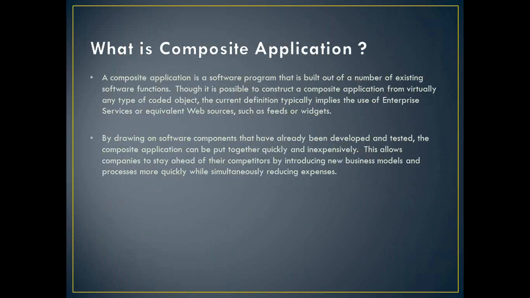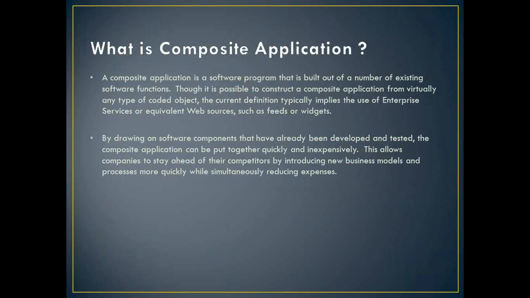and inexpensively. This allows companies to stay ahead of their competitors by introducing new business models and processes more quickly while simultaneously reducing expenses. So a particular company may have a requirement to provide some products to their competitors, and they need to provide more features to the component they have developed.